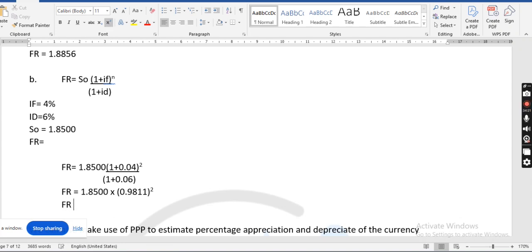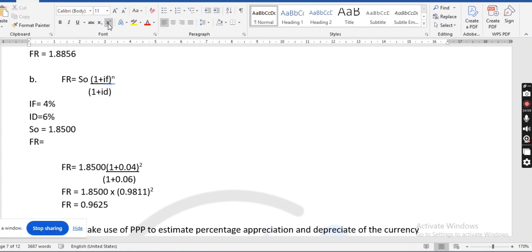What is the forward rate for 2 years? 0.9626.